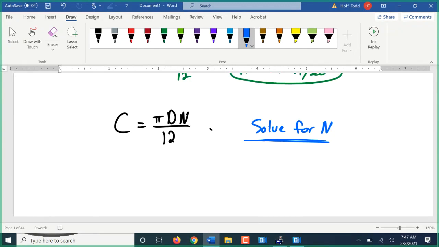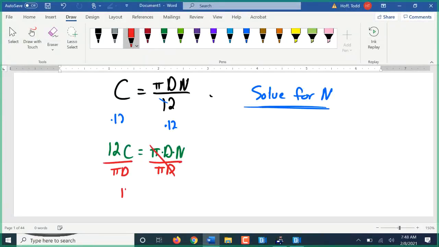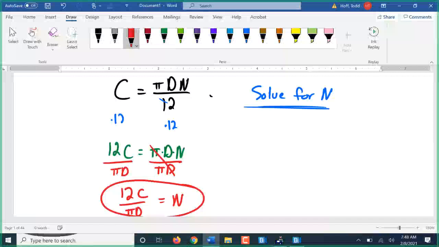I'm solving these formulas for a given variable. If I want to solve this for N, the first thing I have to do is multiply by 12 to get rid of the 12. So I now have 12C equals pi times D times N. N by itself is multiplied by pi and D, so I'm going to divide by pi and D. N equals 12C over pi times D. That's our formula for RPM.